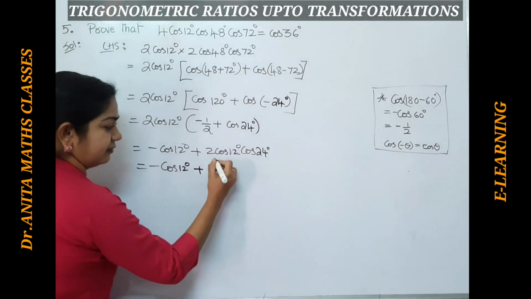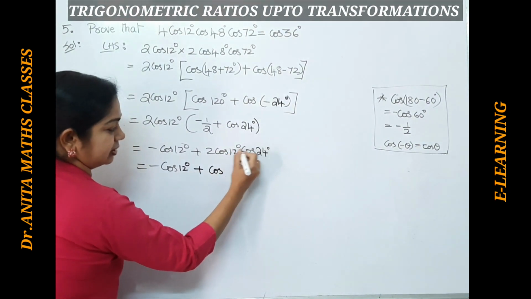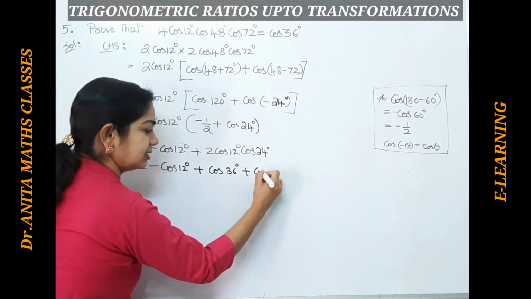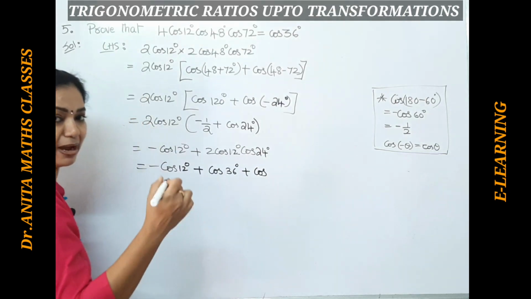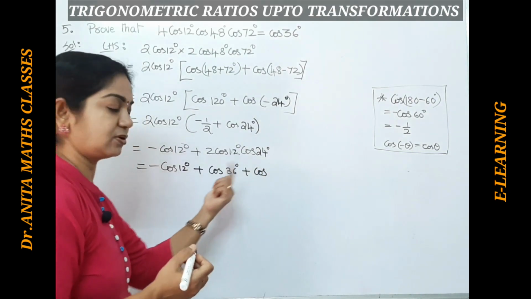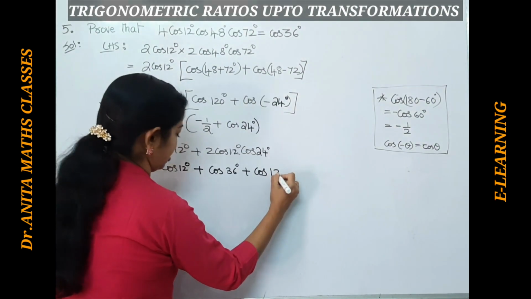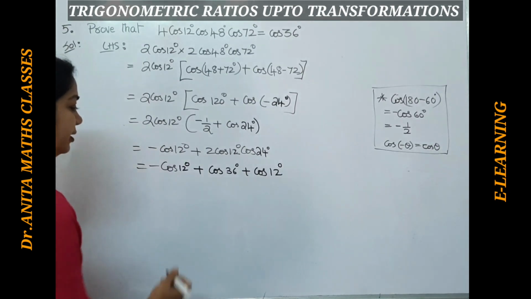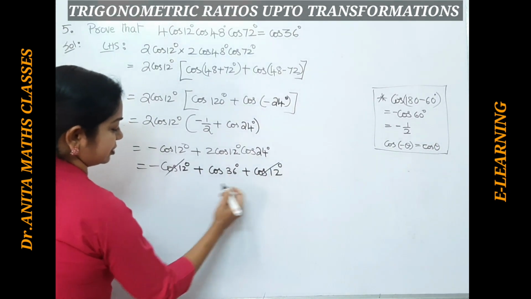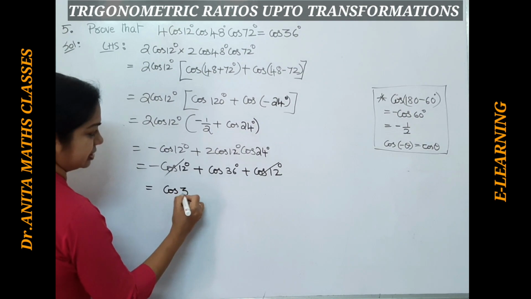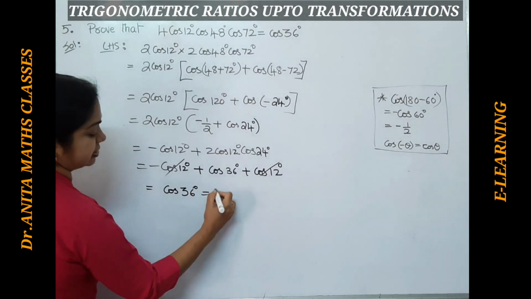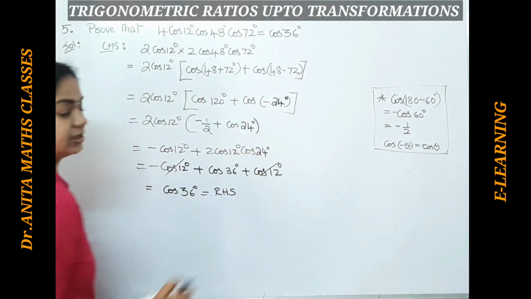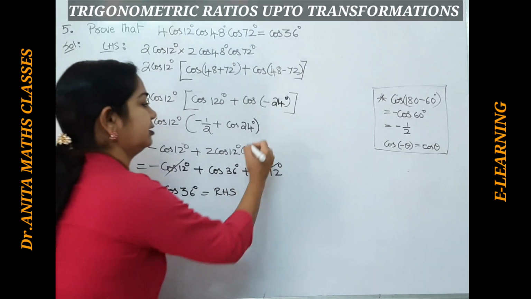And here, cos C plus D, that is 12 plus 24 is 36 degrees, plus cos C minus D, so 12 minus 24 is minus 12. Again cos of minus theta is cos theta, so I am directly writing cos 12 degrees. Now this is minus cos 12 plus cos 12, so cos 36 degrees we have, and that is the RHS. So there's a correction here: that is 72 minus 48, which is 24. That's all.